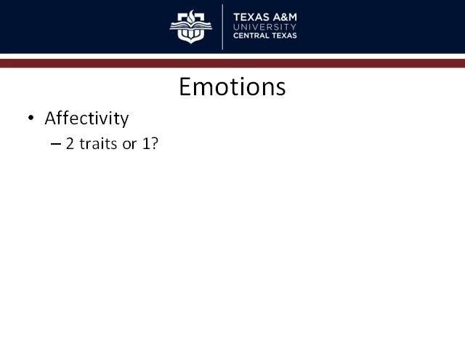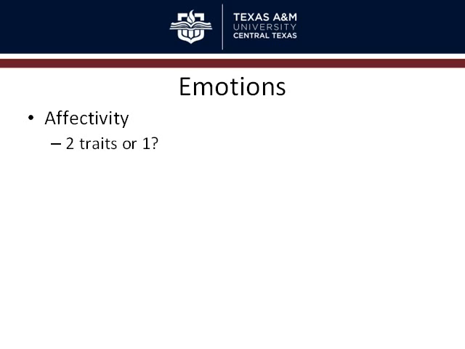And we're not sure if it is a single trait, where people differ simply on how much they feel. People feel, I typically experience a lot of happy emotions, or I'm a person who typically experiences a lot of negative emotions. Or are there two traits, where the level of positive emotions you experience is one trait, and the level of negative emotional experiences you have is associated with a separate trait, where you could be high in both, low in both, high in one, low in the other?